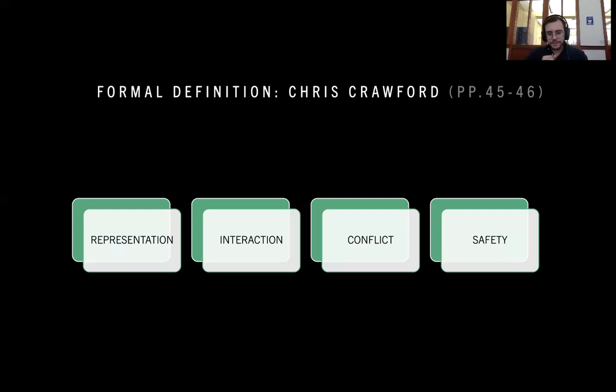Now, this is problematic for some reasons, but let's start first with what CRAWFORD means, which is that whenever you play a game, you are in a state of safety on two dimensions. The first dimension is that you're protected by its rules. So if you're playing a game of Quake or Doom or Age of Empires, you are safe from anything that is external to the game, according to CRAWFORD.